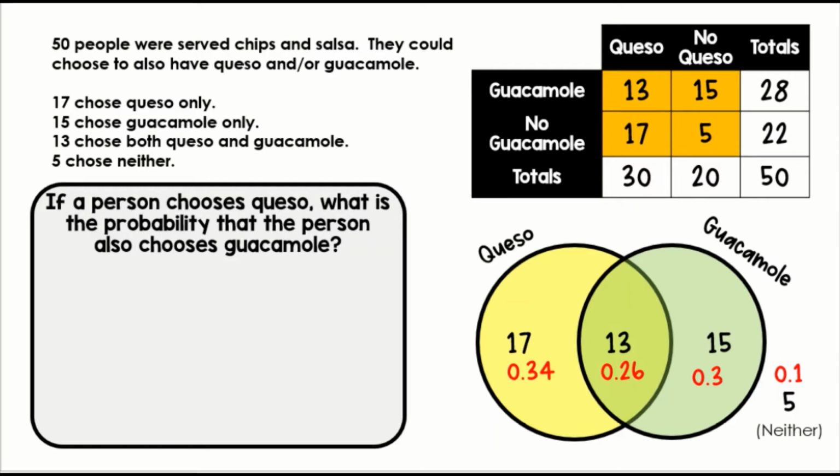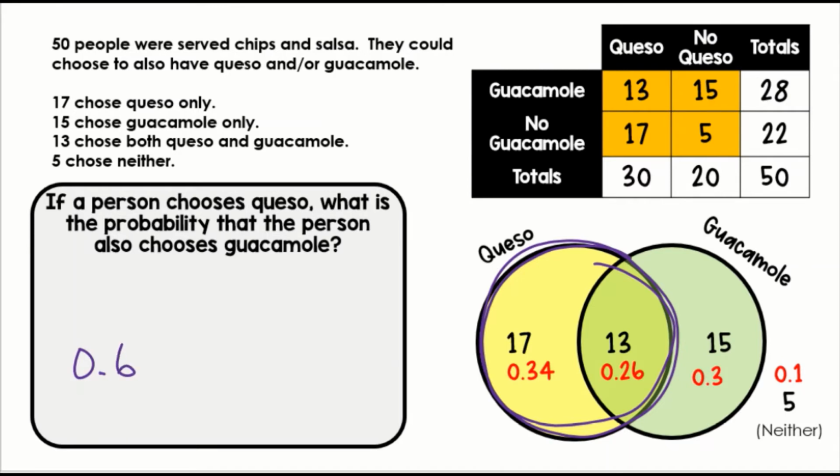Maybe you went ahead and turned each of these groups into their individual probabilities. So I got these numbers in red here by dividing each group number by 50 because that was the total number of people that we started with. Now we can still use these individual probabilities and set up a ratio. If we look at the people who chose queso, we can add these two groups together to get 6/10.